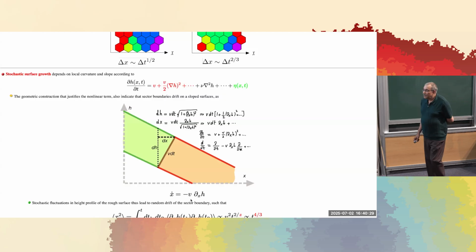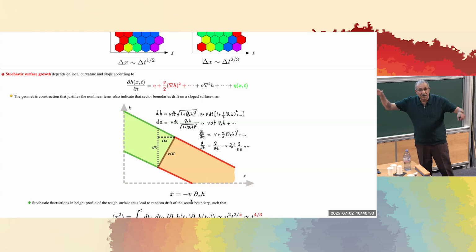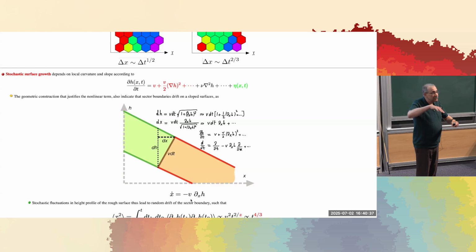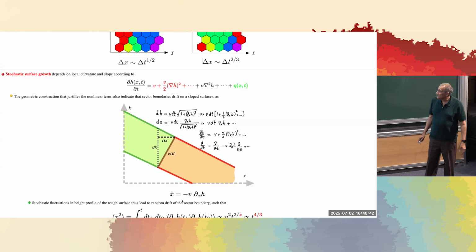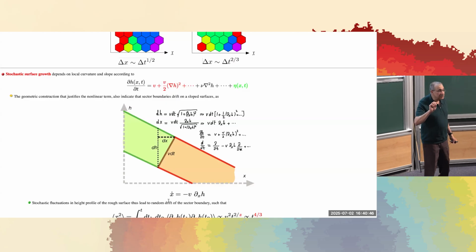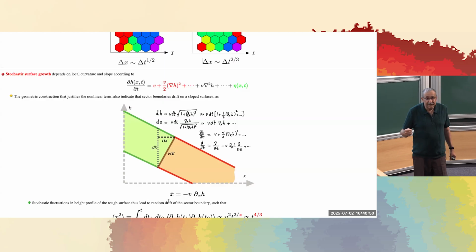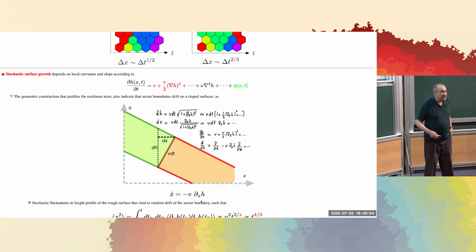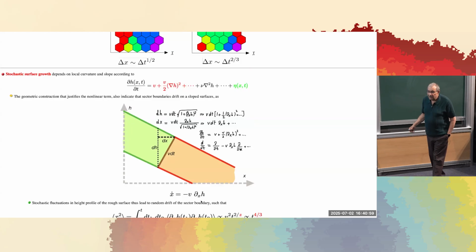Okay? Now, since the whole surface is randomly going up and down, if you look at a particular point, the slope is also changing as a function of time. So this again looks like a random walk. You have essentially the position changing randomly, but the amount that it is changing is through this slope, which is a correlated random variable as a function of time.